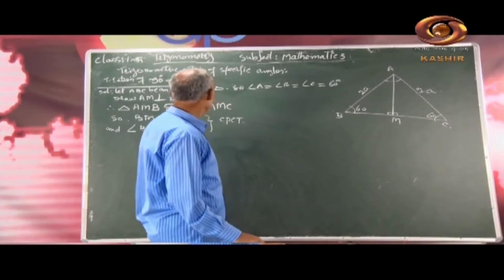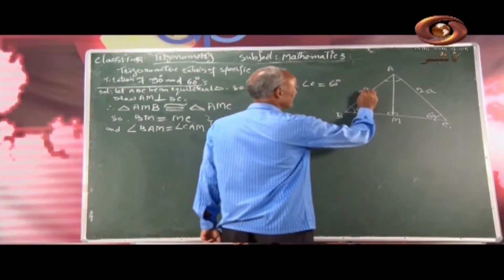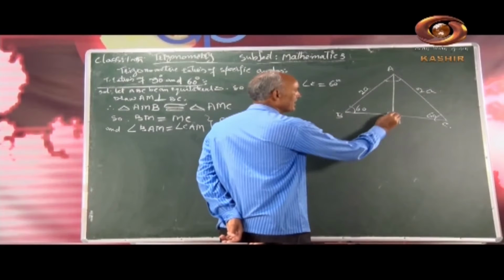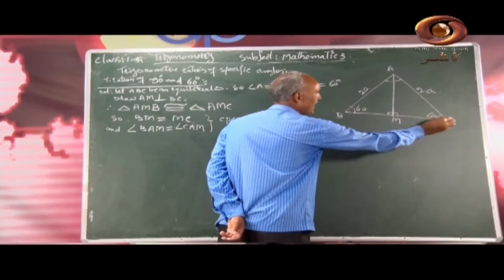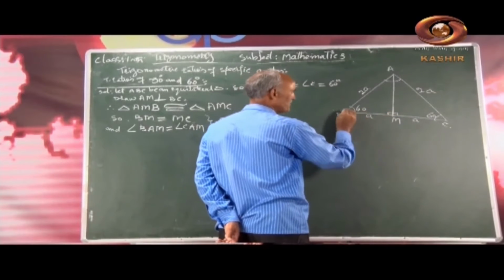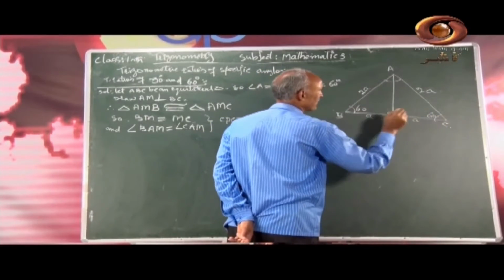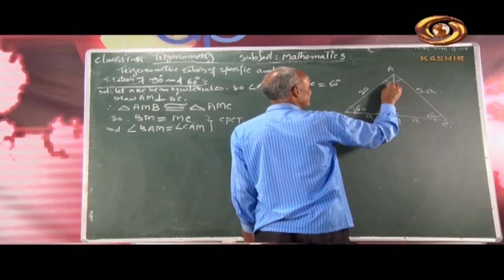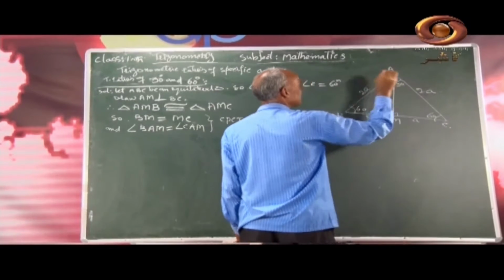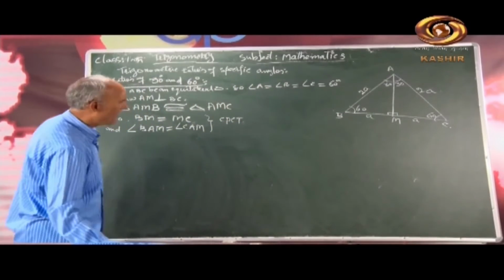What have we proved here? If this equilateral triangle has side length equal to 2a, then we proved that BM is equal to MC, means BM is equal to a and MC is equal to a. And this 60 degree gets halved, means 30 degree and 30 degree. First we have to prove this.